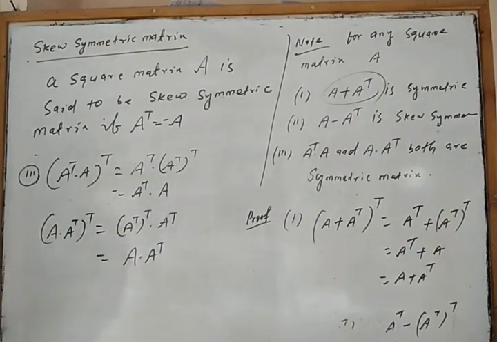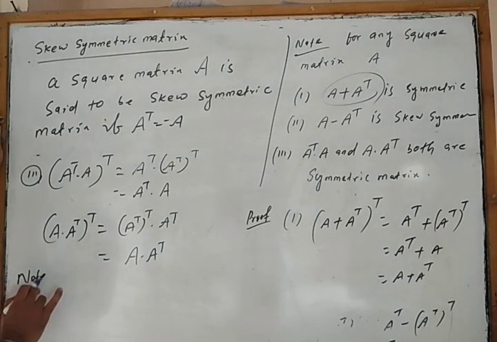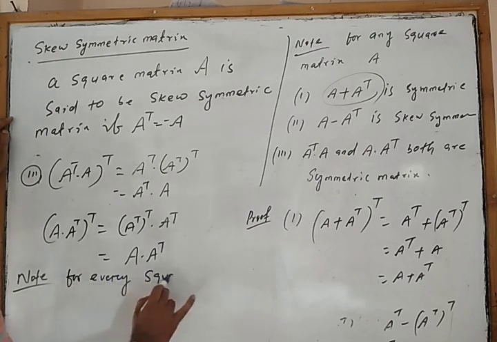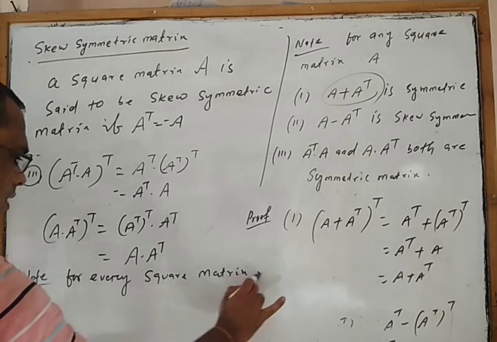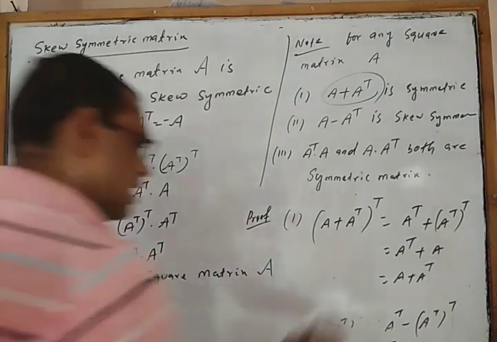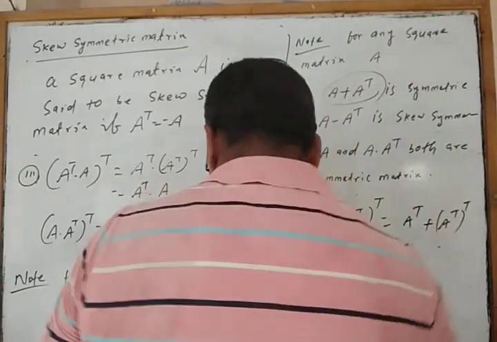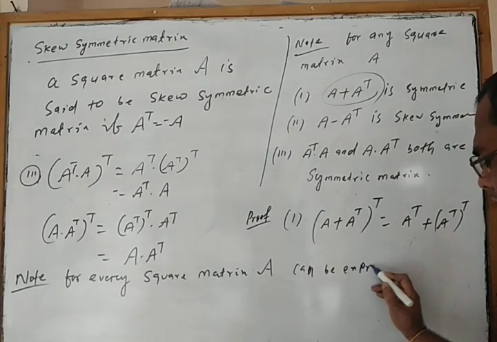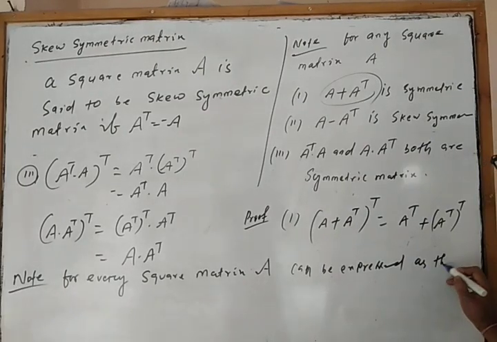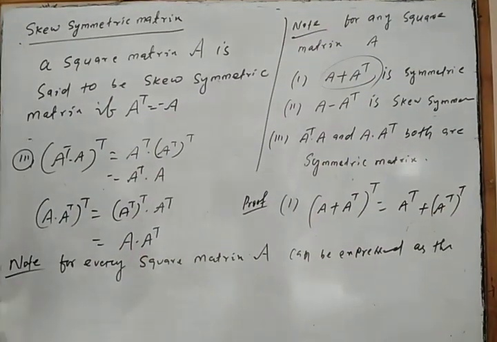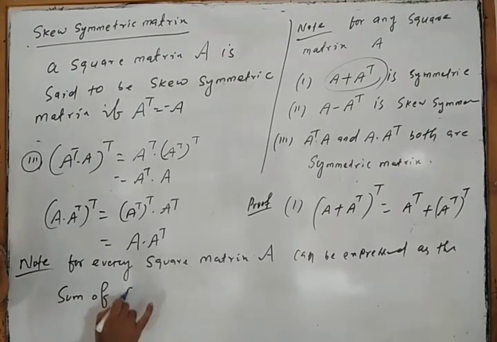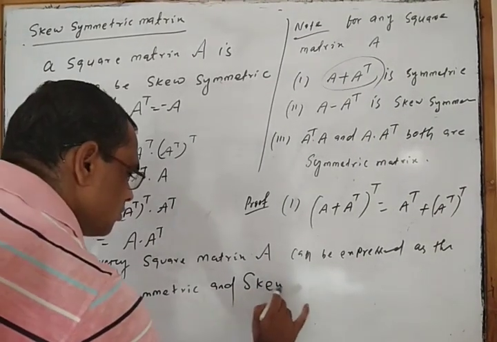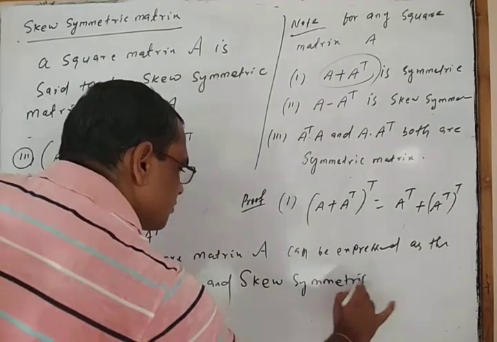Next, another theorem or note: for every square matrix capital A, it can be expressed as the sum of a symmetric and a skew symmetric matrix.